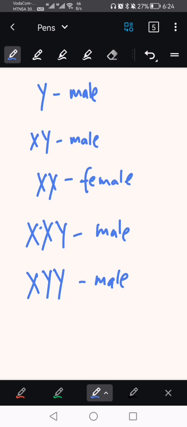But if a normal male has a certain level of aggression and it's just XY, you can only imagine that if another Y is added, that level of aggression will increase so significantly that the likelihood of that male becoming a serial killer or aggressor is just 100 times more.